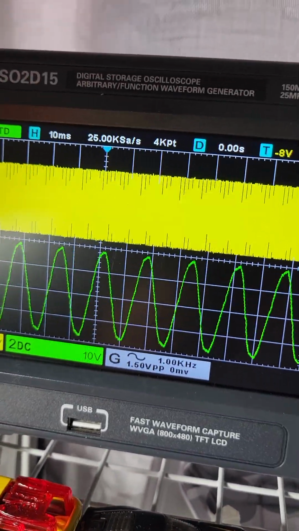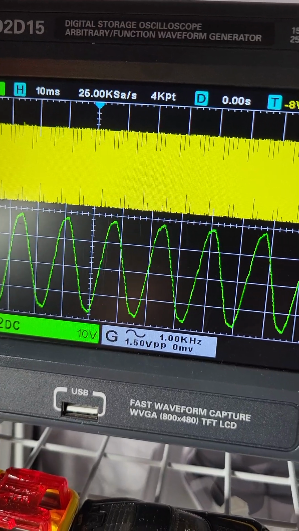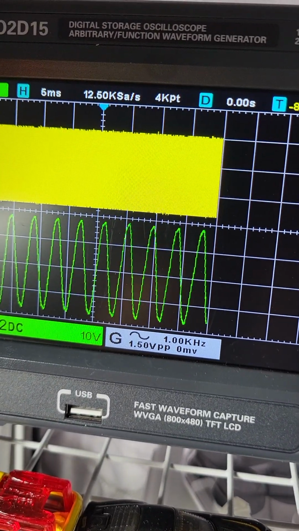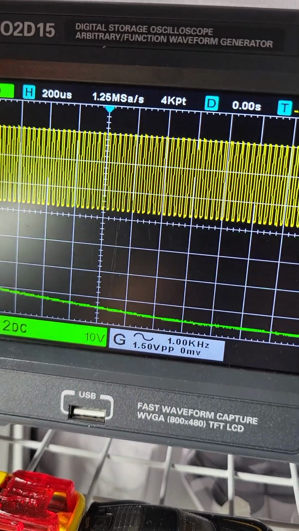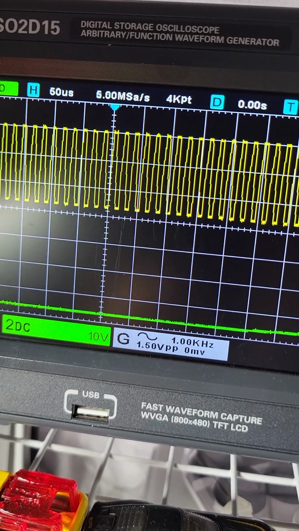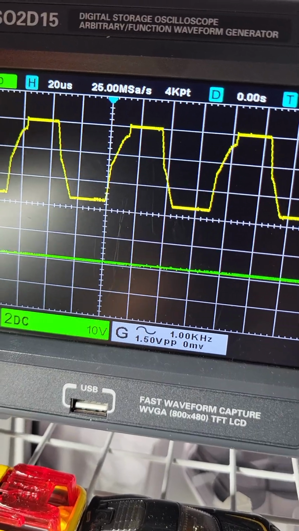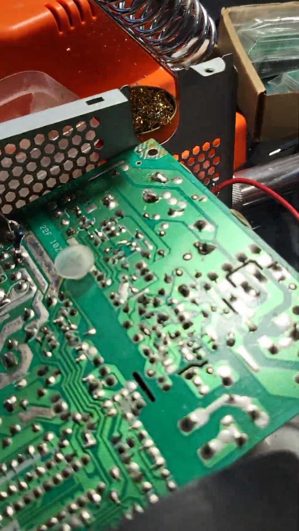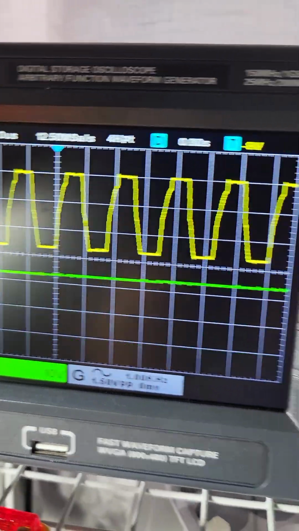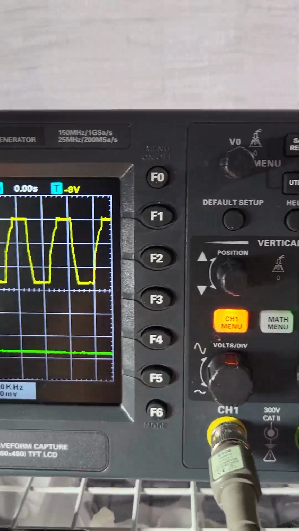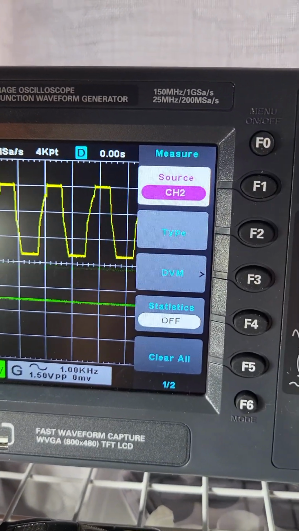So we will try to zoom in on the yellow signal so that we can view the wave. Okay, so that's the wave of this power supply, and we're going to measure the frequency for channel 1.